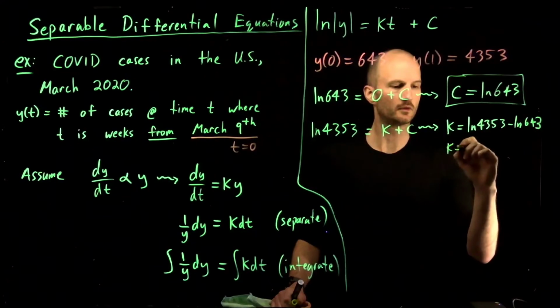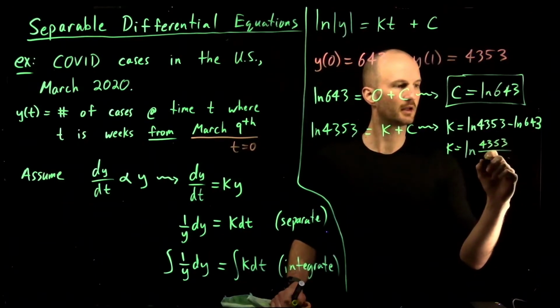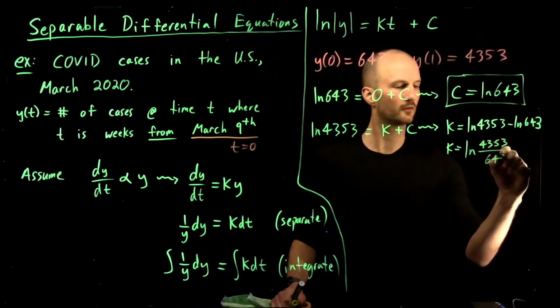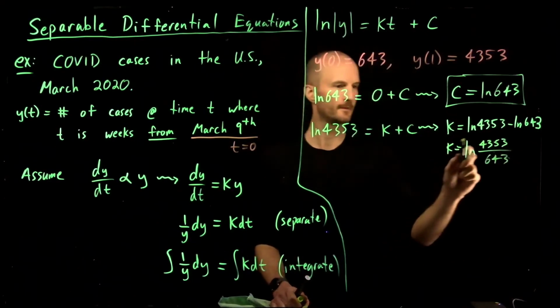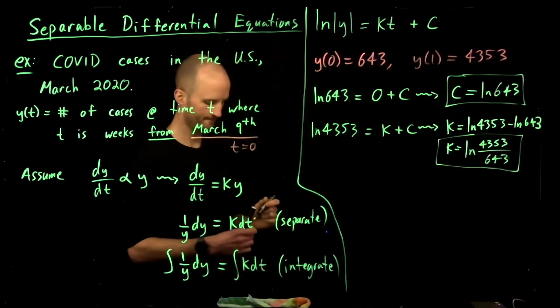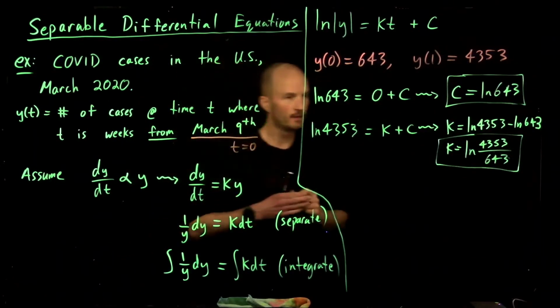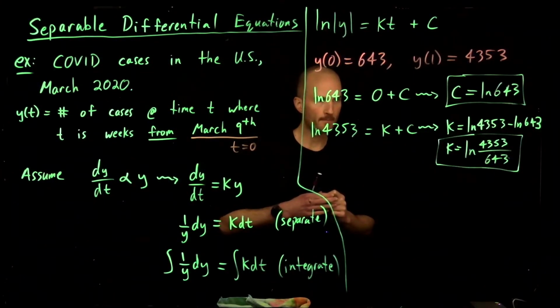So k is equal to ln of 4353 divided by 643. Okay, we have our k, we have our C. So we're in good shape.